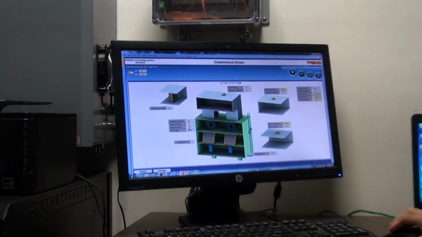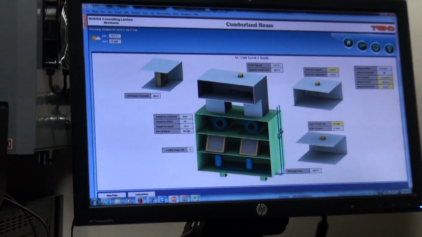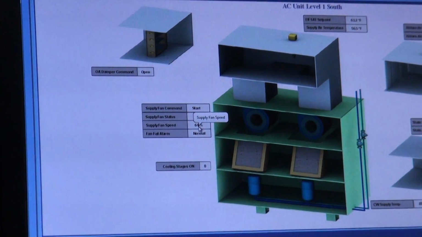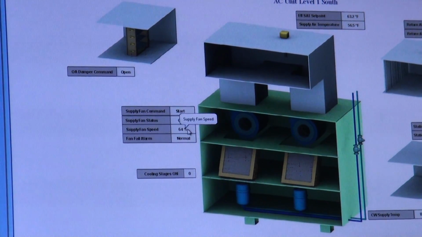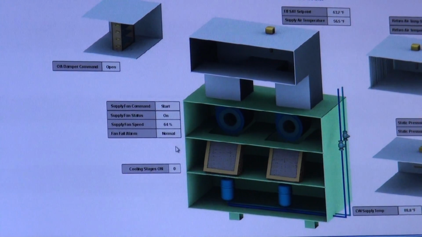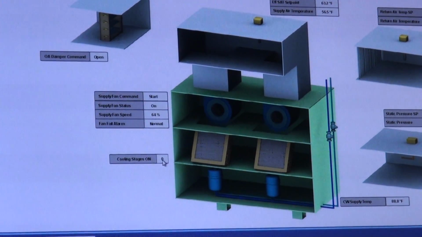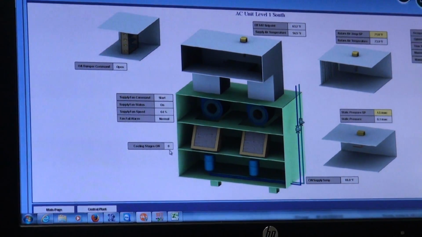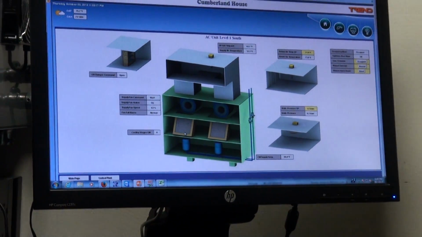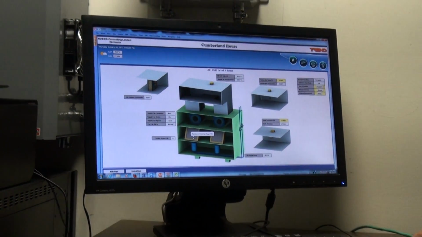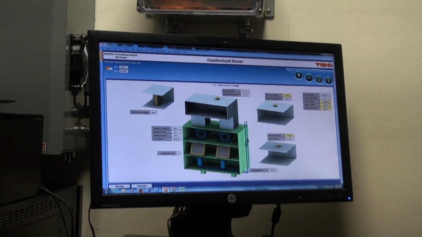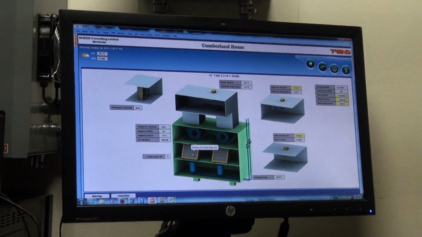Supply fan speed, as you can see, has run up to 64%. It will get up to 100%. The cooling stages will start to switch on 1 to 6 stages, and you'll see these segments of blue. That's telling you the number of cooling stages that's on.